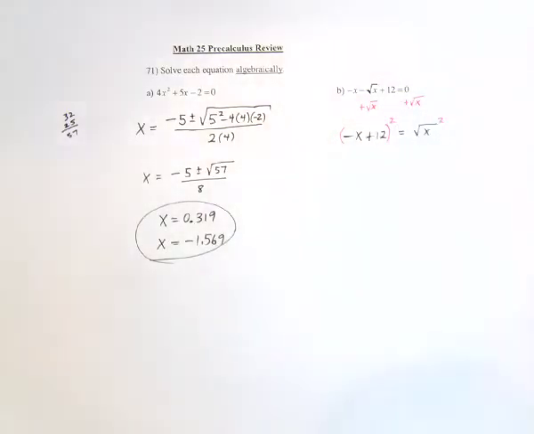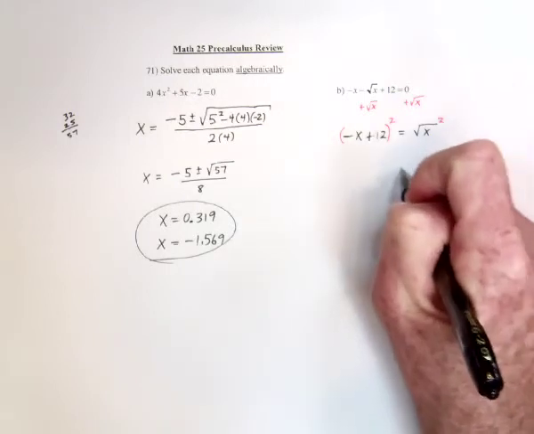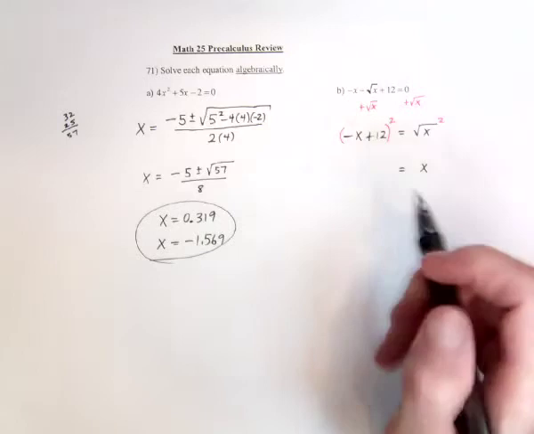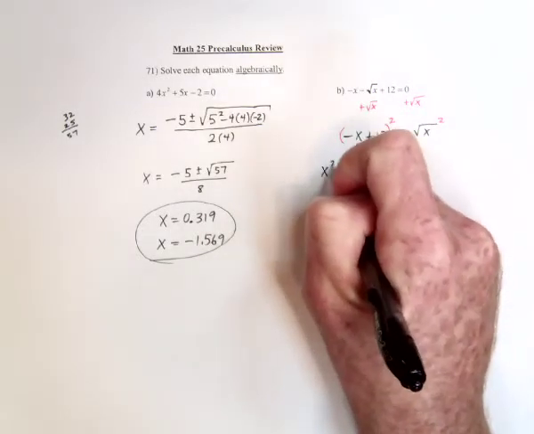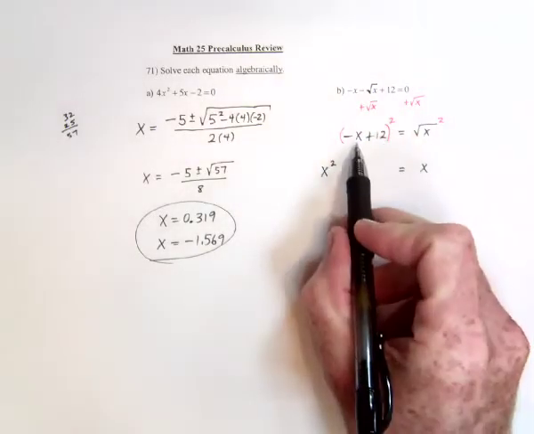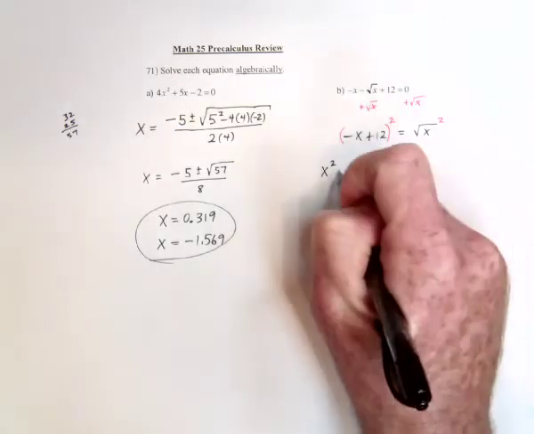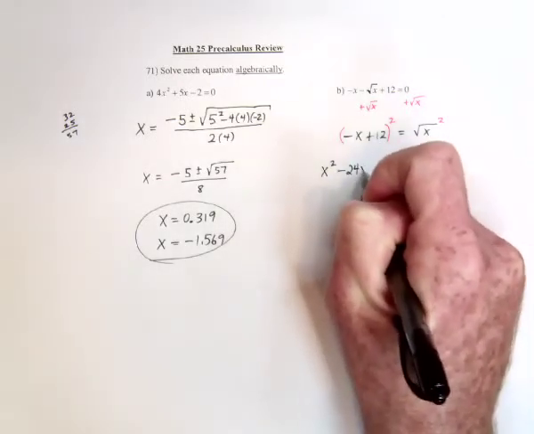So on the right-hand side, that's simply going to be an x. On this side, we would need to square the first thing. That's going to be x squared. The middle term comes from multiplying this with this, and then doubling the result. So multiplying will be negative 12x, double will be negative 24x.